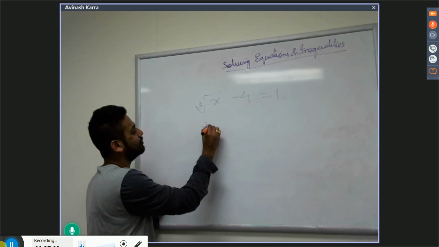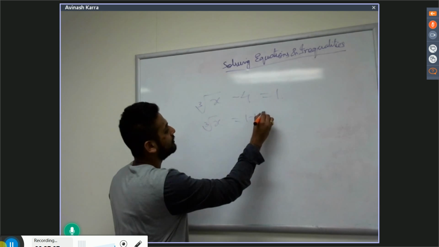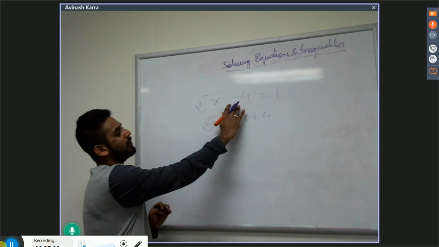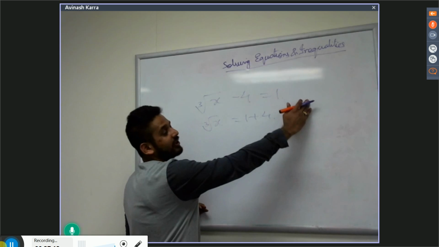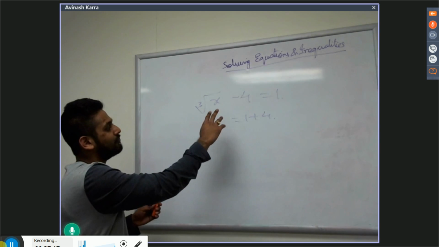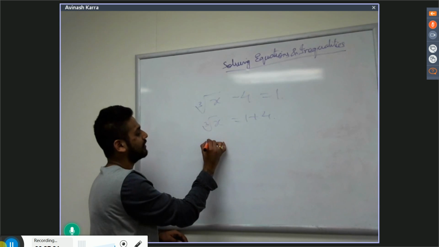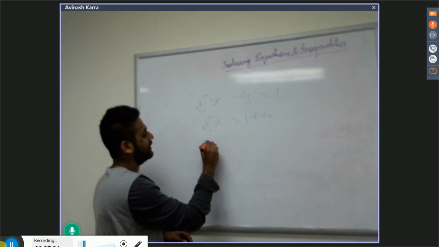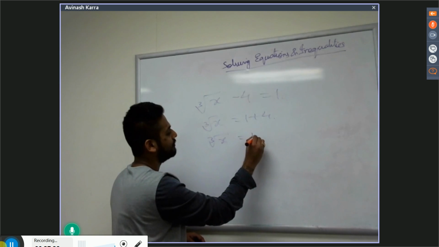So cube root of x is equal to 1 plus 4, right? What is 4 doing here? It's minus 4. When it goes to the RHS, it becomes positive 4. Or you can say add 4 on both sides; it gives the same. So what is 1 plus 4? 5. So cube root of x is equal to 5.